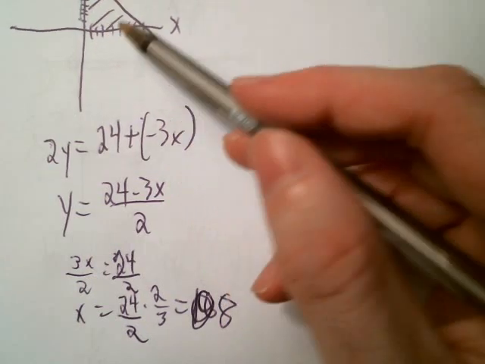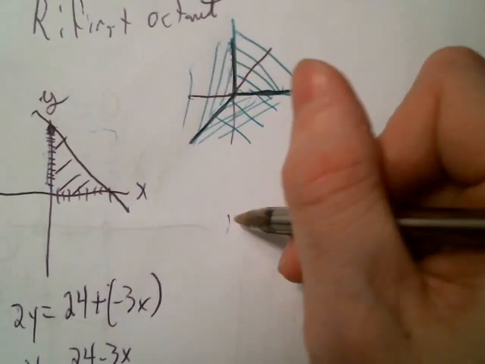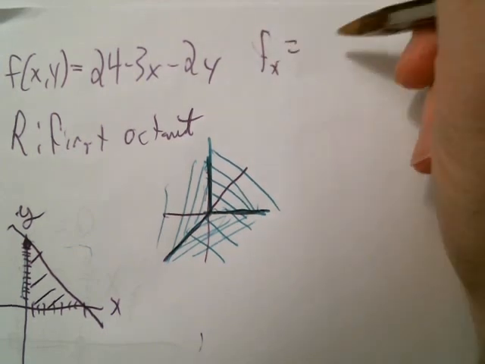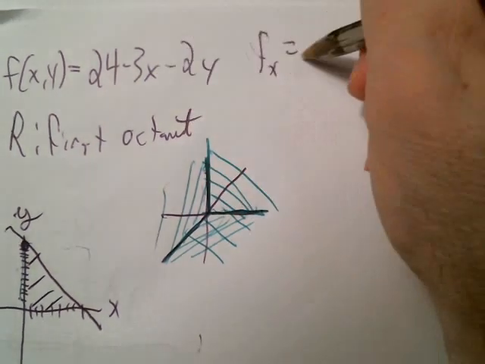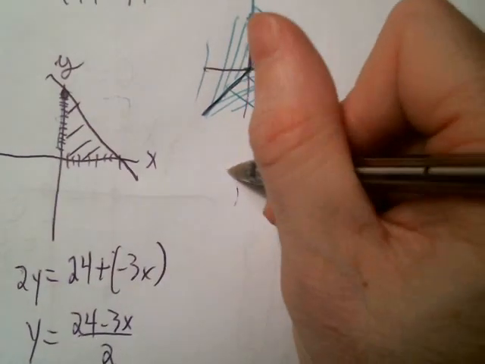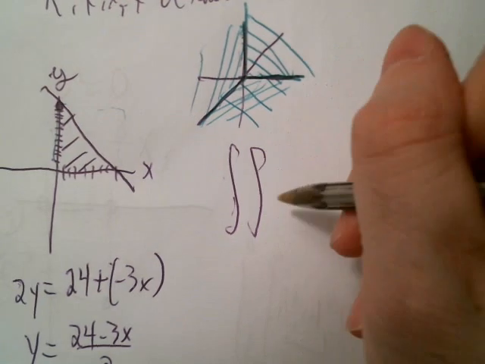Anyways, we're integrating over this region, and I need my double integral and need to evaluate it, so I'm going to need the partial derivatives. Partial with respect to x will be just -3. Partial with respect to y is -2. And then we have the double integral.